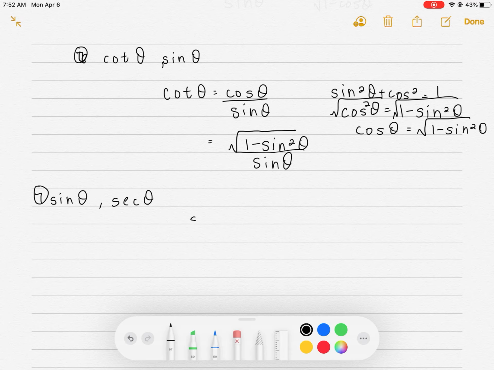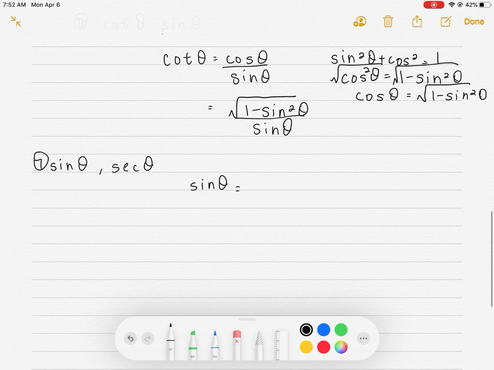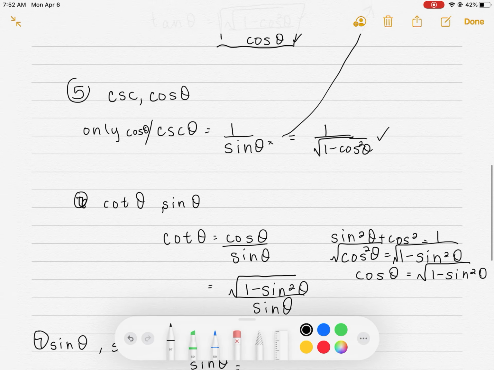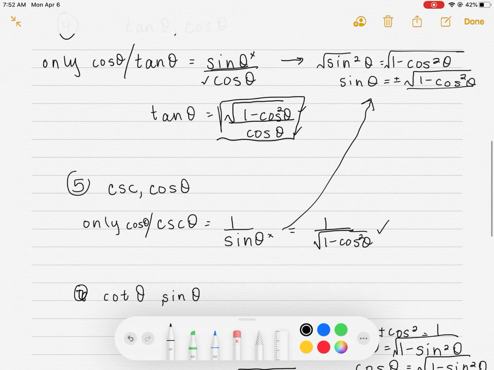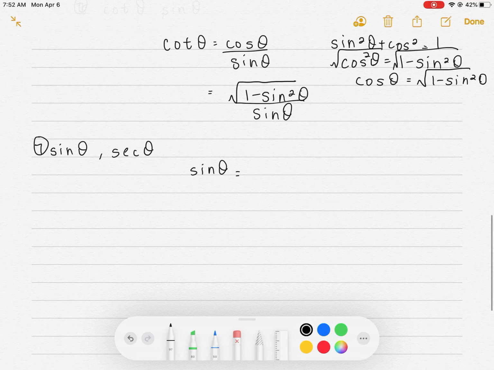So the sine of theta is equal to, I want this in terms of secant, so the first thing I'm going to do is rewrite it in terms of cosine, because cosine and secant are related. So I have that sine is equal to the square root of 1 minus the cosine squared of theta.